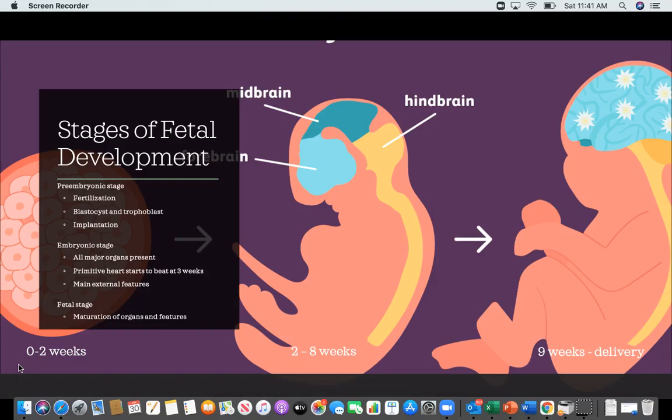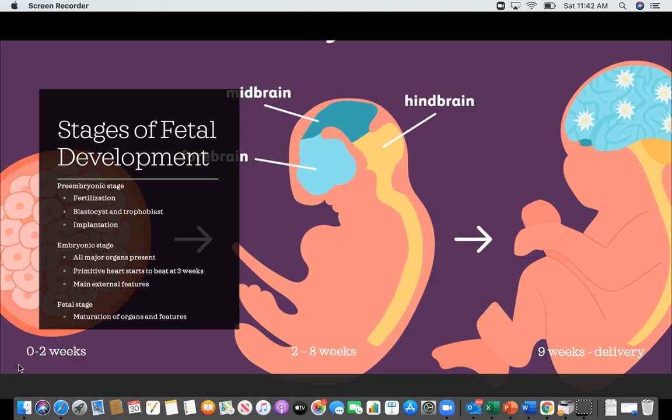Then we take a look at the embryonic stage, which is from weeks 2 through 8. And this is a stage of rapid development. By the end of the embryonic stage, all major organs are present. In fact, the primitive heart starts to beat as early as 3 weeks gestation.